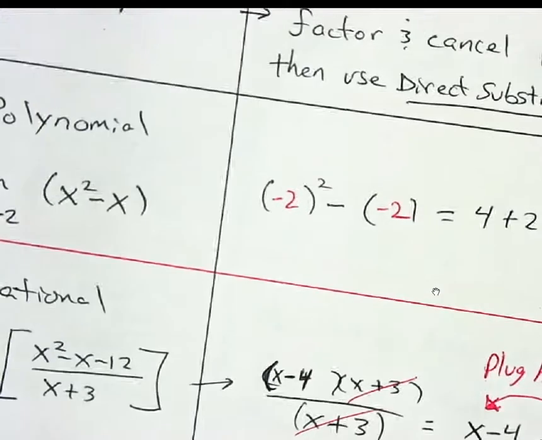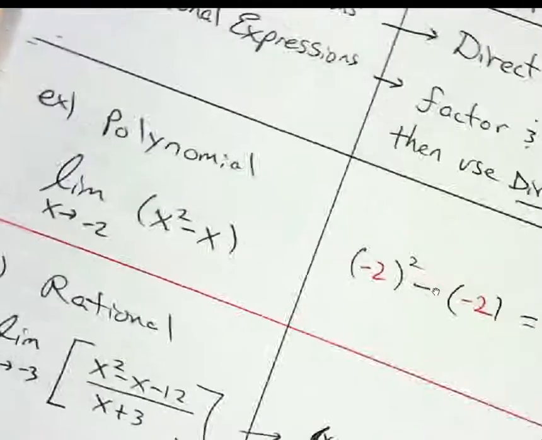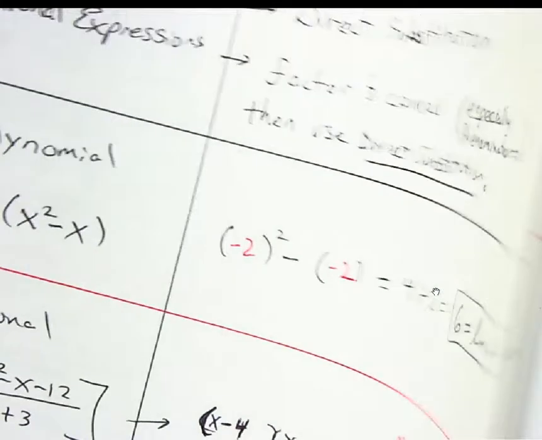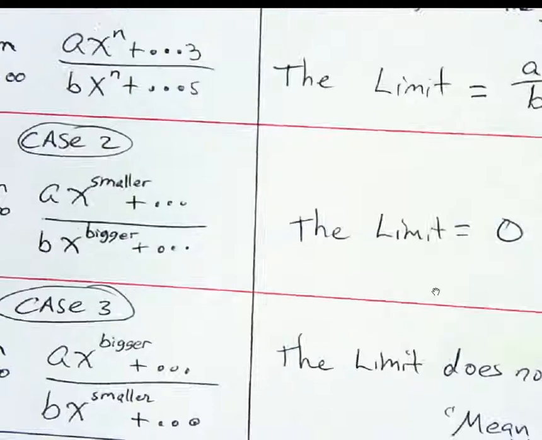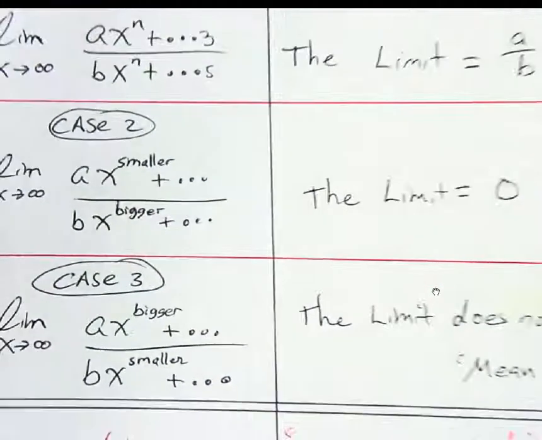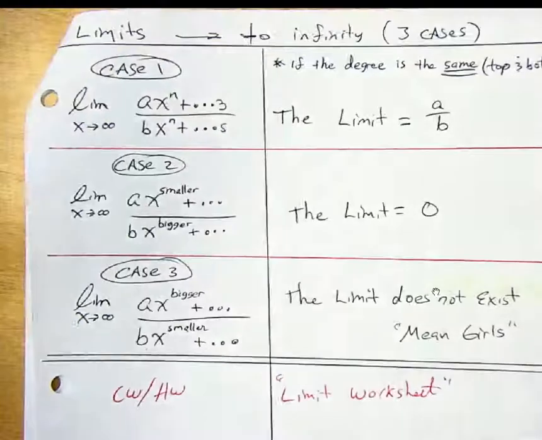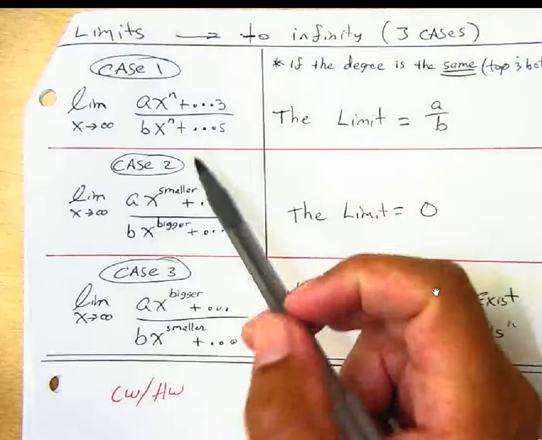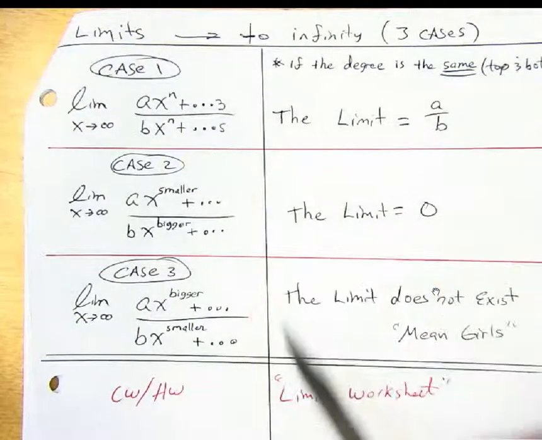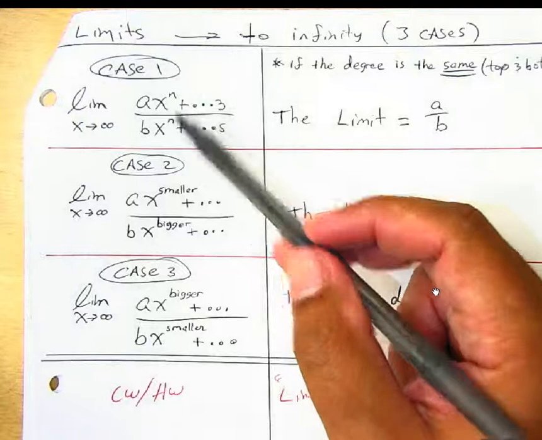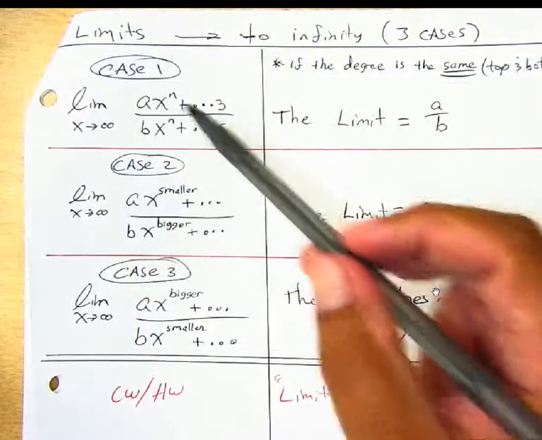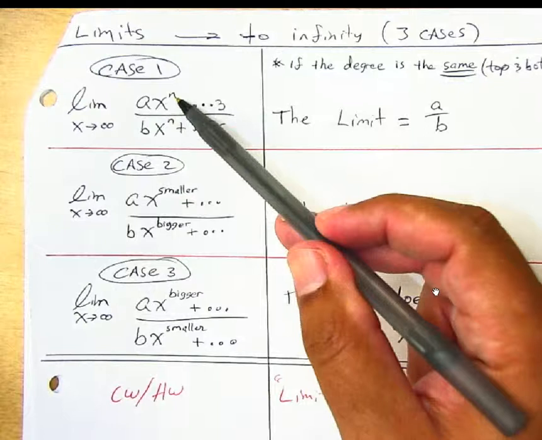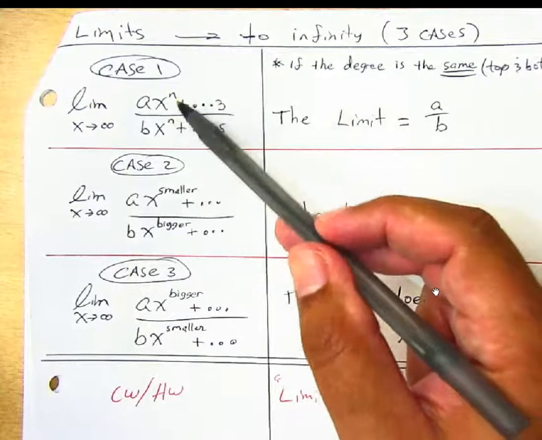And for those, I presented that we have 3 cases for the limits that go to infinity. The difference between the cases has to do with the exponents, how they compare in the numerator and denominator. So case number 1 is when you have polynomials with the same degree.